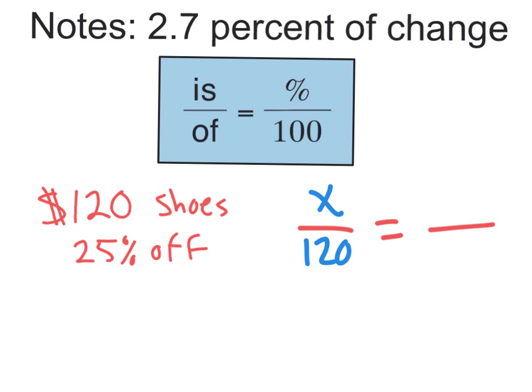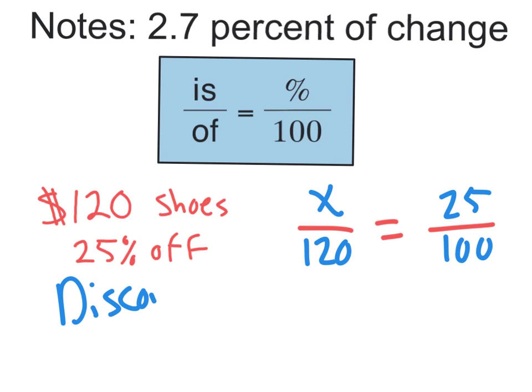And we know that it's 25% off. So let's find the discount. You go X times 100 equals 120 times 25, or you could reduce first the 25 over 100 and it becomes 1 over 4.